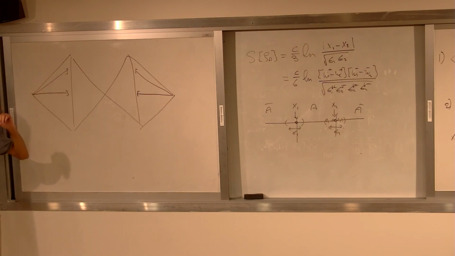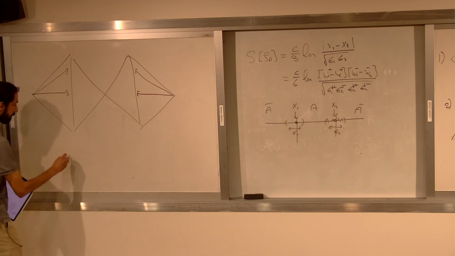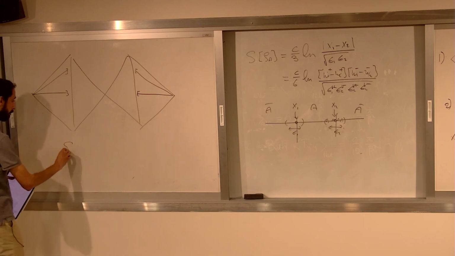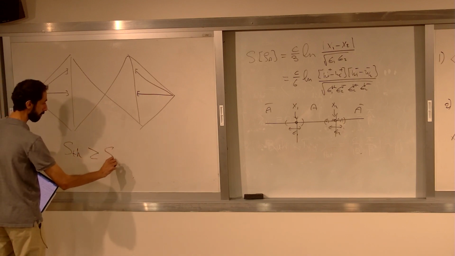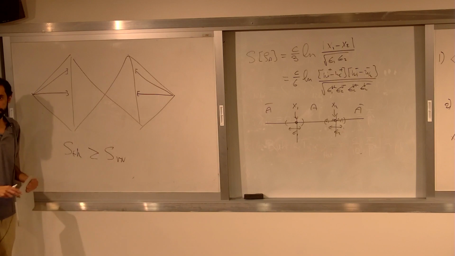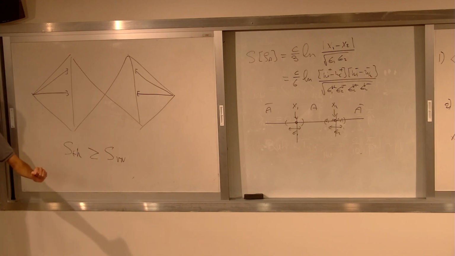The thermal entropy should be identical to the entanglement entropy? No, good. It's a theorem that the thermal entropy is greater than or equal to the von Neumann entropy from quantum mechanics. It's something that's actually not too hard to prove.